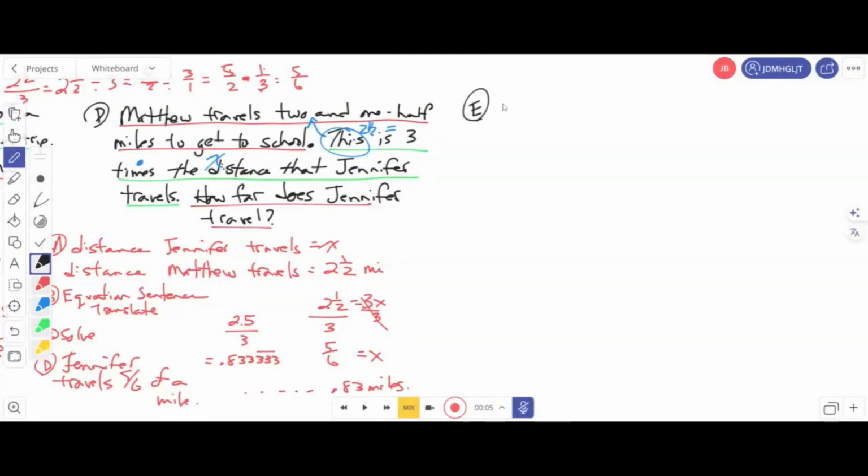It says the diameter of a small pizza is 16 centimeters.